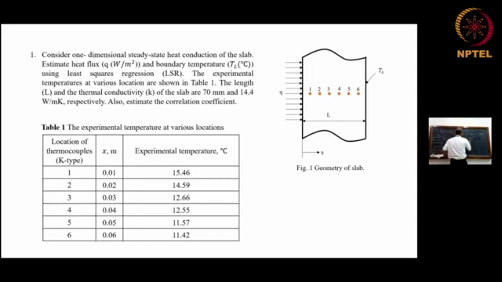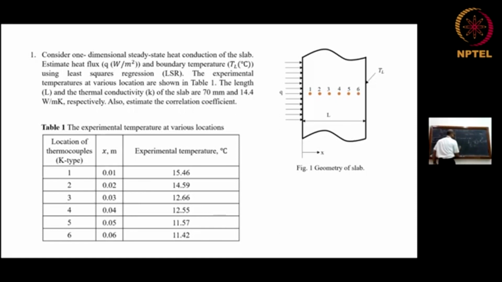So d by dx of k dt by dx plus qv equal to 0. Because it's one dimensional, the net heat conducted in the x direction plus whatever heat is generated equals 0. But there is no heat generation given in the problem, so we can neglect it. So the first assumption: qv equal to 0.